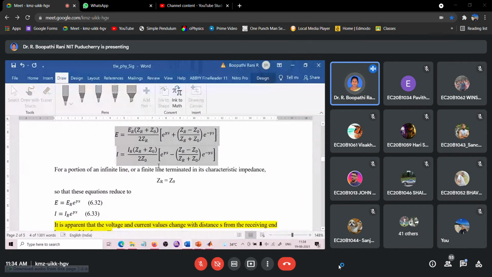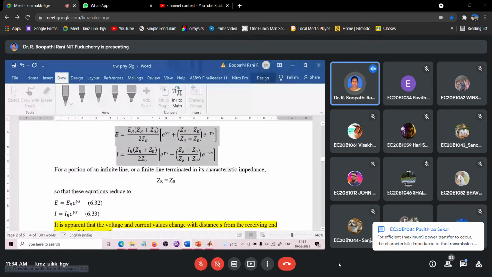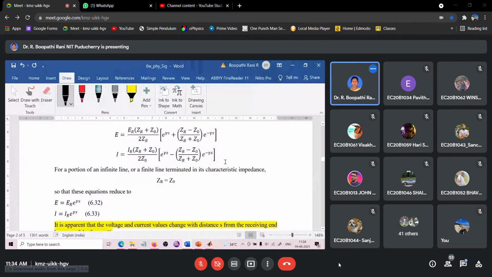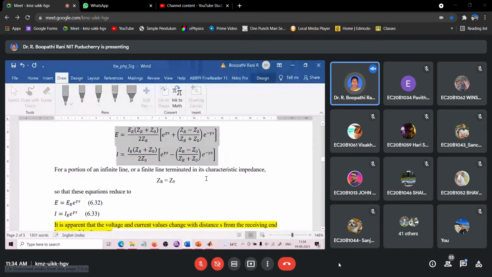The general solution of a transmission line can be written in 4 or 5 different ways. This is one expression. So here, if we substitute zeta equal to Z naught, what will we get?